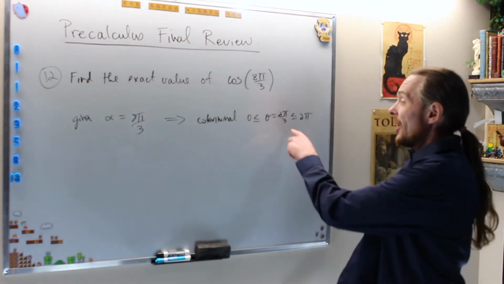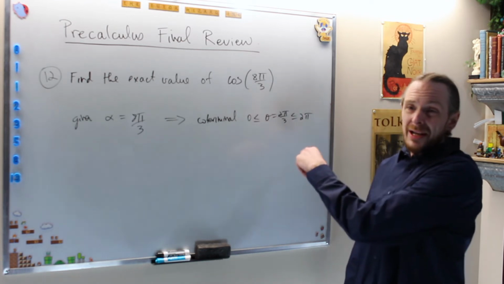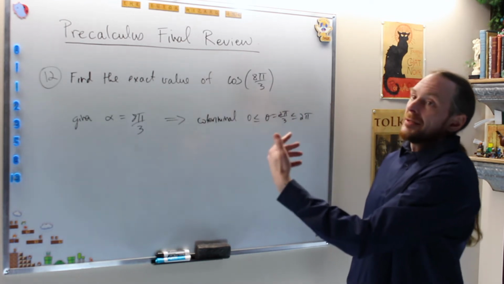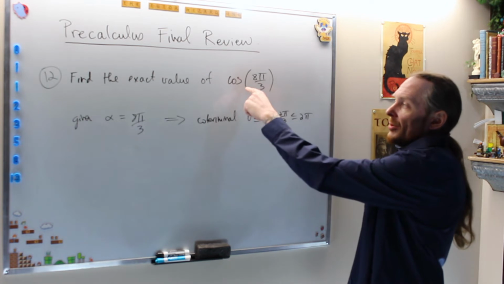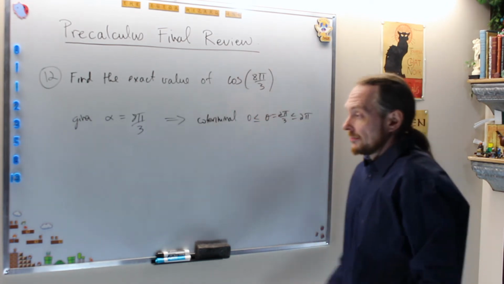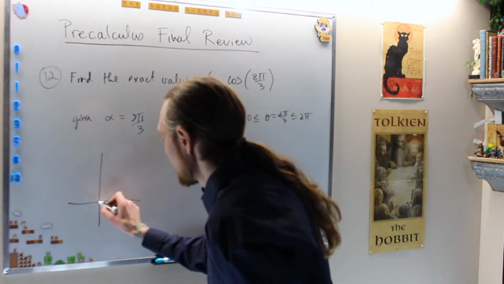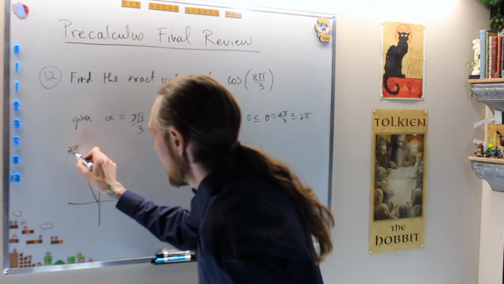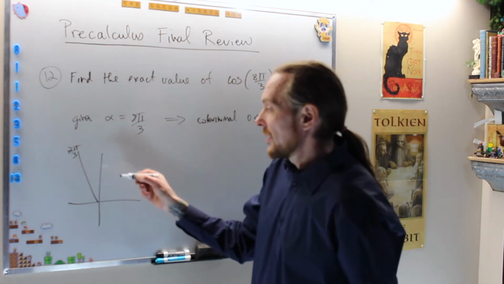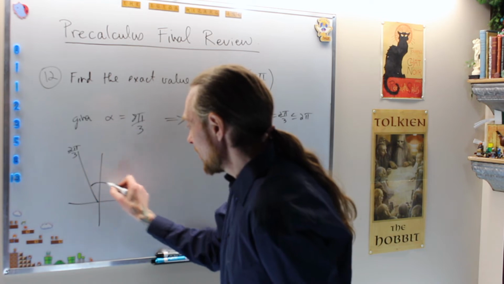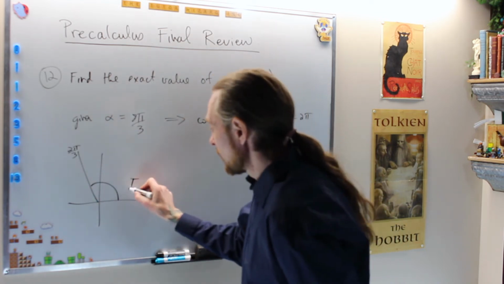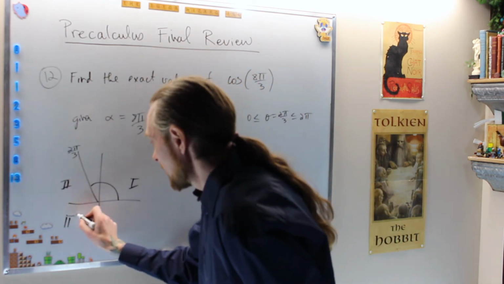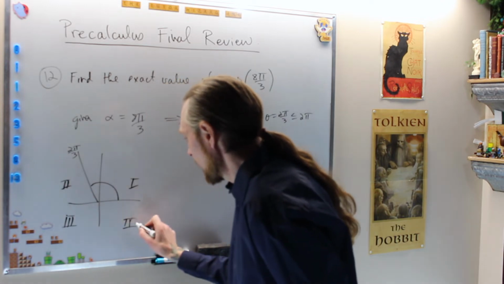Step 2. From this, find out what quadrant you're in and find the sign of your trigonometric ratio using the CAST rule. We just saw that 2 pi over 3, or 120 degrees, is in quadrant 2. This is 1, 2, 3, 4.